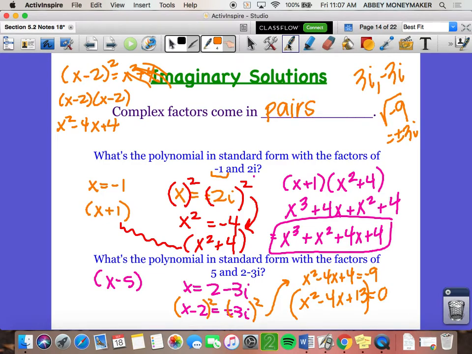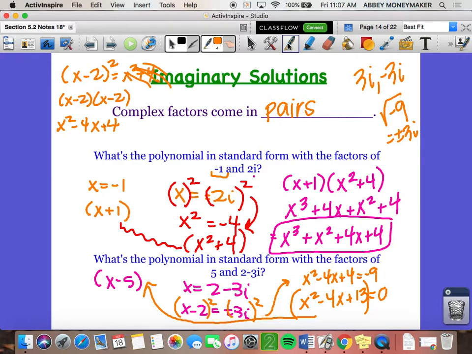Now we're going to take that quadratic and multiply it by x minus 5. For the sake of time, you know how to multiply, correct? Yes? Okay.